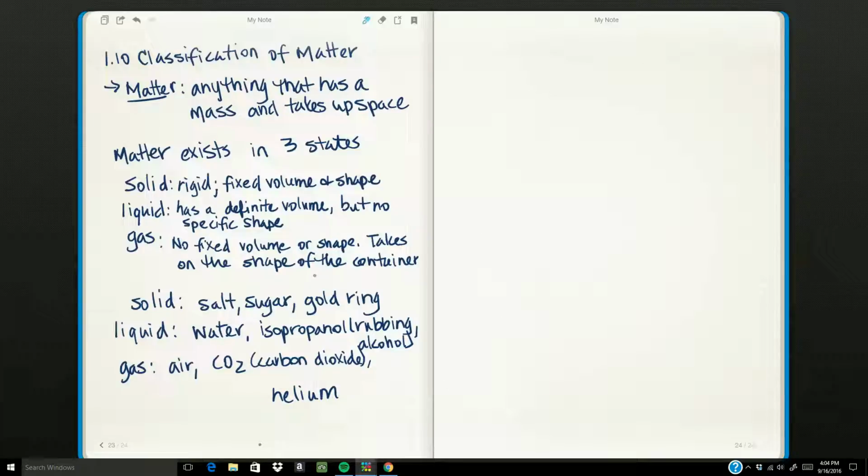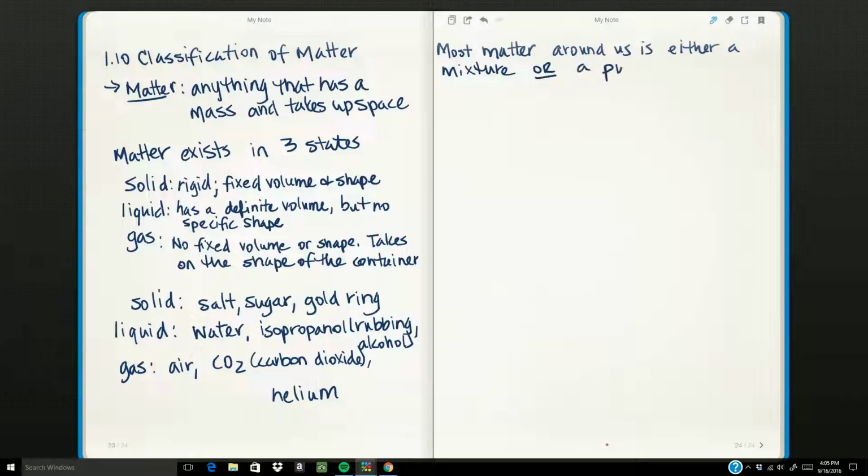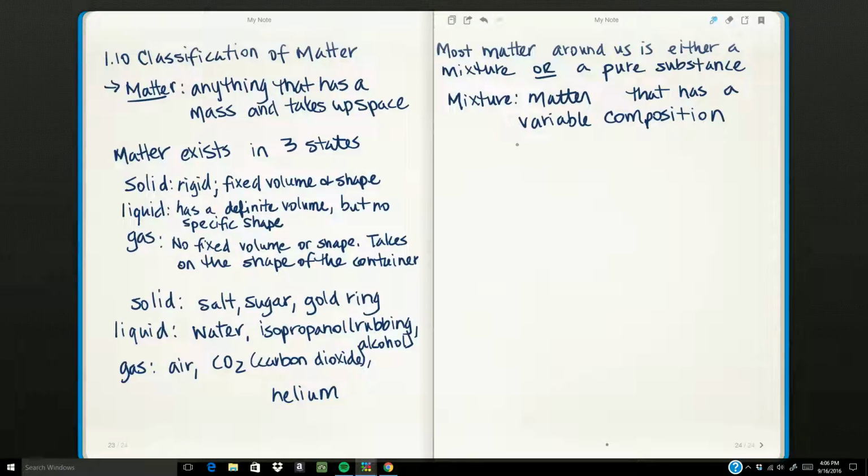Okay, so most matter that's around us is one thing or another. It's either a mixture or a pure substance. So a mixture is matter that has a variable composition.